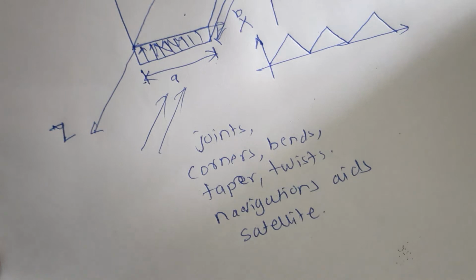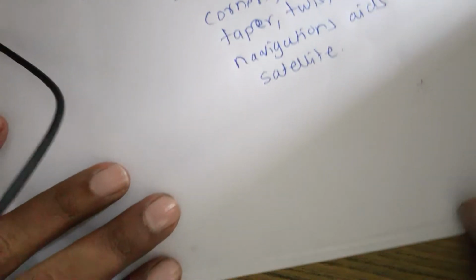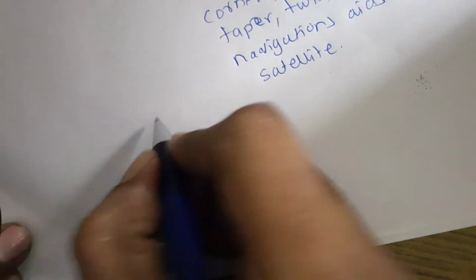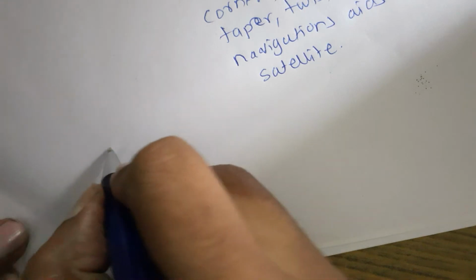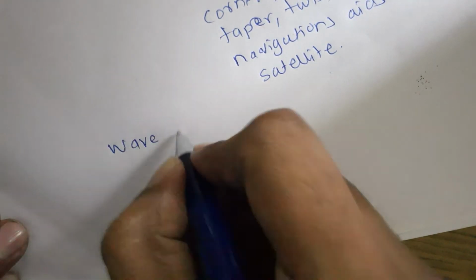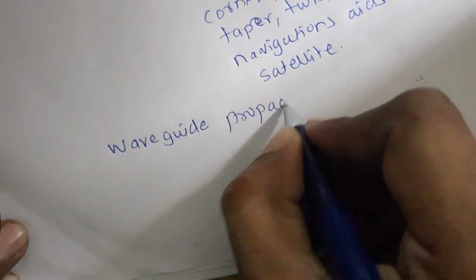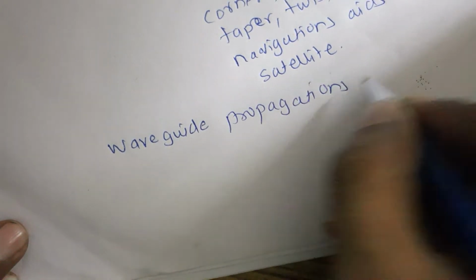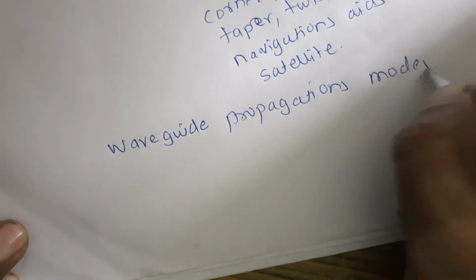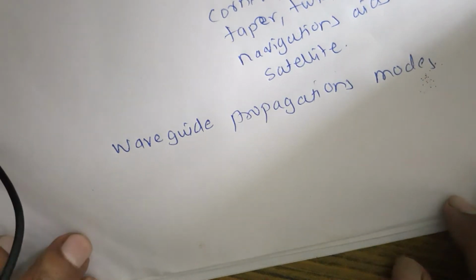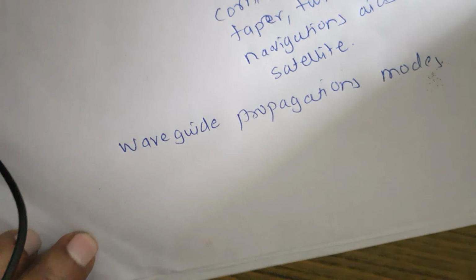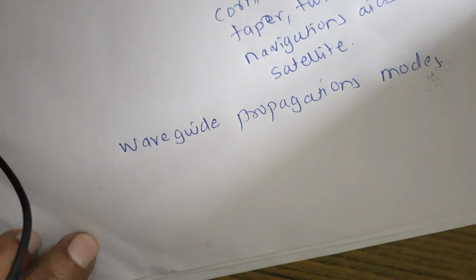Then we will see the waveguide propagation modes. Here I will draw it. So in waveguide propagation modes, basically this type of propagation is used for the transmission of microwave frequencies.